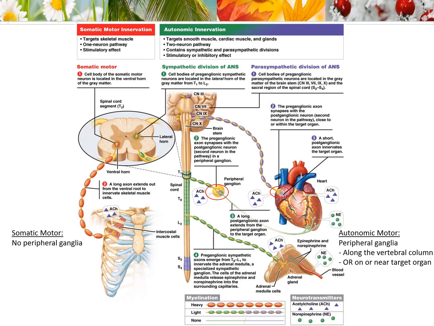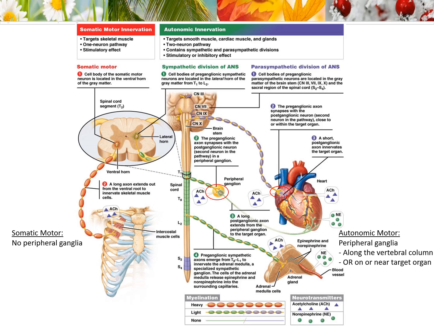So there are no peripheral ganglia in the somatic motor system, but then if we look on the right-hand side, we're looking at our autonomic nervous system, and we split that into the sympathetic in green and parasympathetic in purple. So the differences we see here is that we have some lightly myelinated axons. Those preganglionic neurons are maybe lightly myelinated in the green and purple colors.